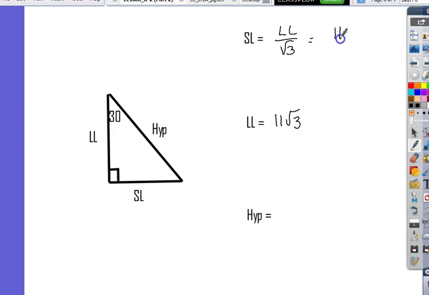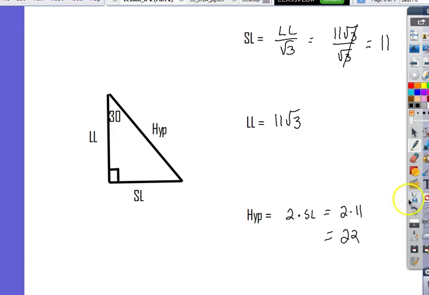So in this case, that's 11 root 3 divided by root 3. Oh, that was handy. The root 3's cancel out, and you're just left with 11. Everybody okay with that? And then hypotenuse is 2 times the shorter leg, which is equal to 2 times 11, which would be 22. Any questions about that one?